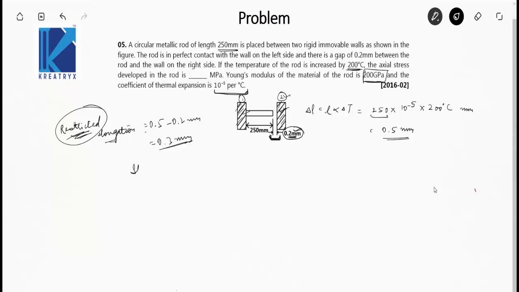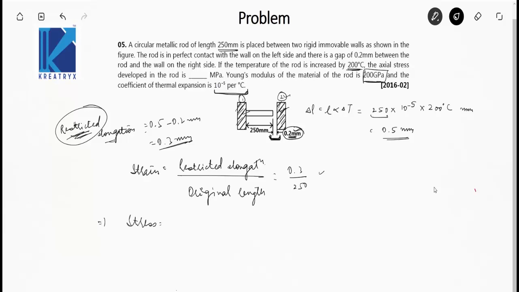So strain will be equal to restricted elongation upon original length, and this becomes equal to 0.3 upon 250. So this is strain, and that implies stress will be equal to epsilon into E. So epsilon is 0.3 upon 250, into the Young's modulus, which is 200 gigapascal, that is 200 into 10 to the power 3 megapascal.